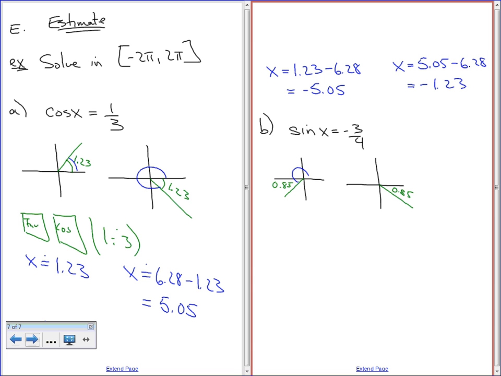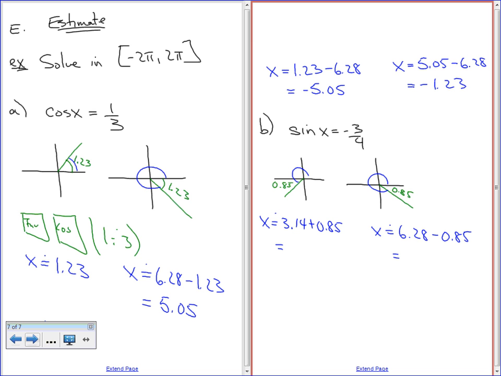Figure out your answers in standard position. So the first one is pi, which is the approximate value 3.14, plus 0.85, and the next one is 2 pi, which the approximate value is 6.28, minus r.